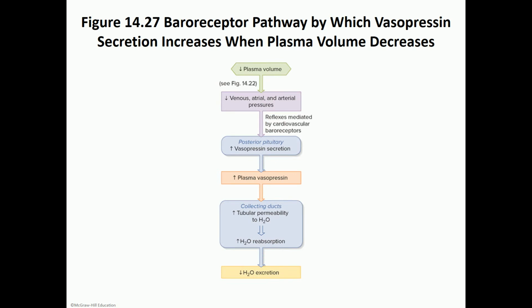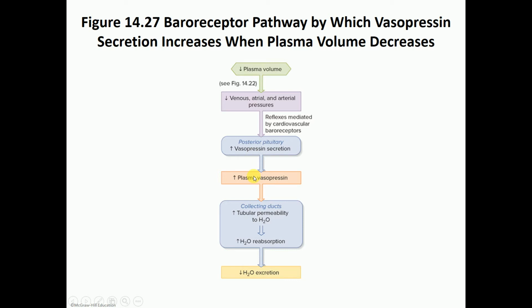Now, this is the effect of ADH when plasma volume decreases, meaning again that there is low blood pressure. So in hypotension or hypovolemia, that means that the pressures in our arteries are less than normal. That would be picked up by the baroreceptors. That will stimulate the posterior pituitary to secrete more ADH.